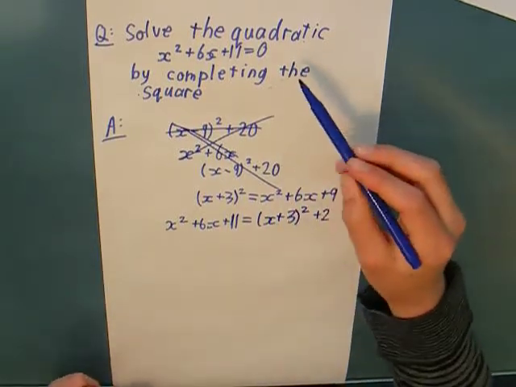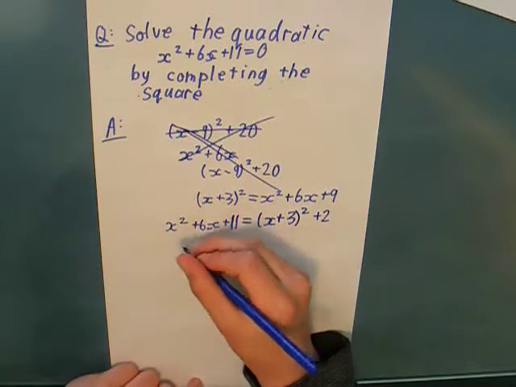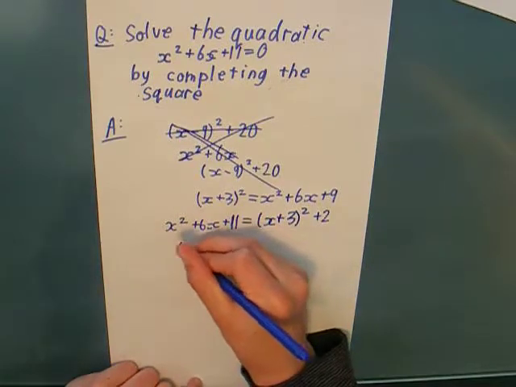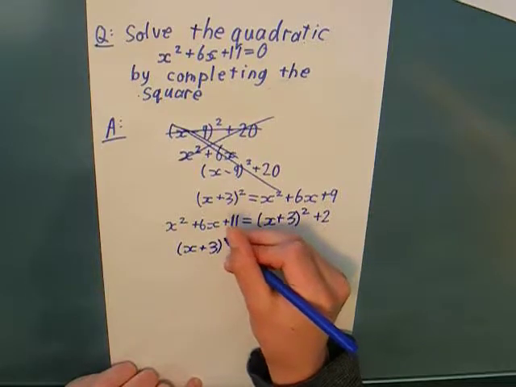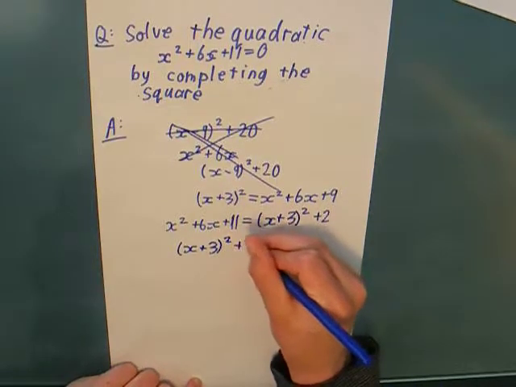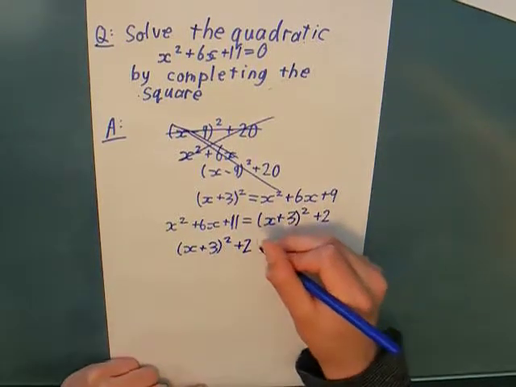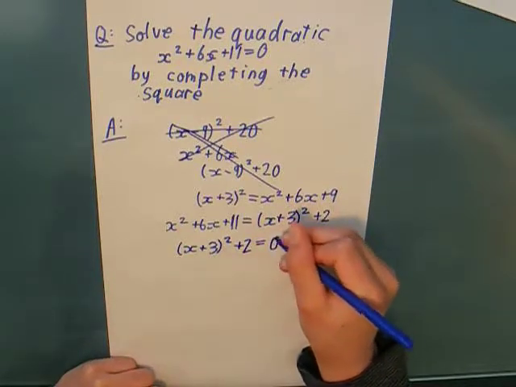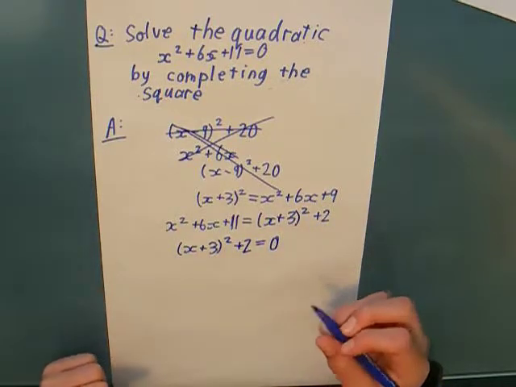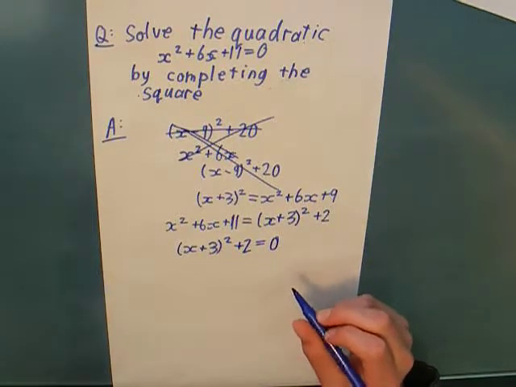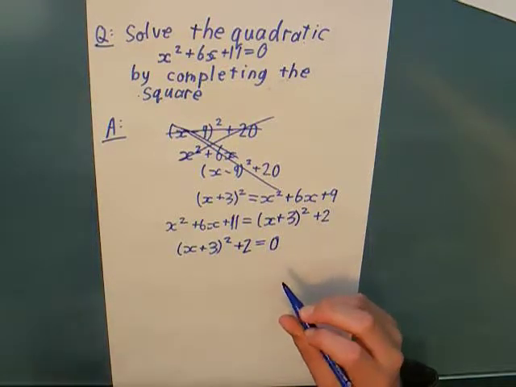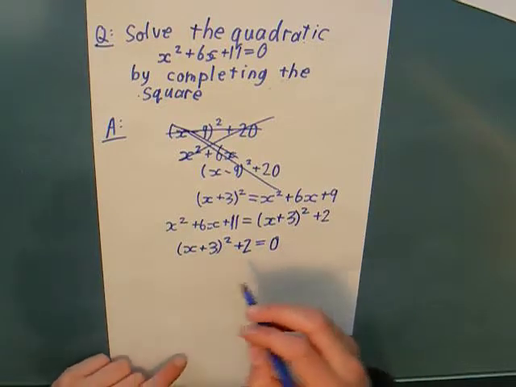Okay, so now this is just going to come out like x plus 3 close bracket squared plus 2 equals 0. Right, so now I'm going to look to solve this.